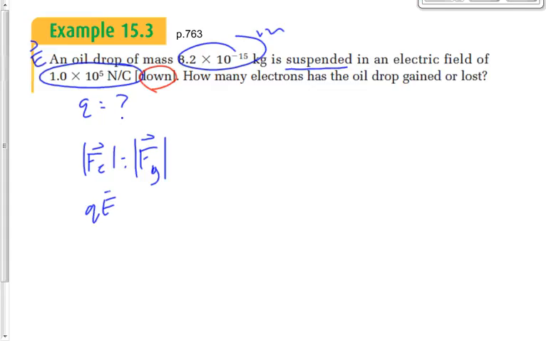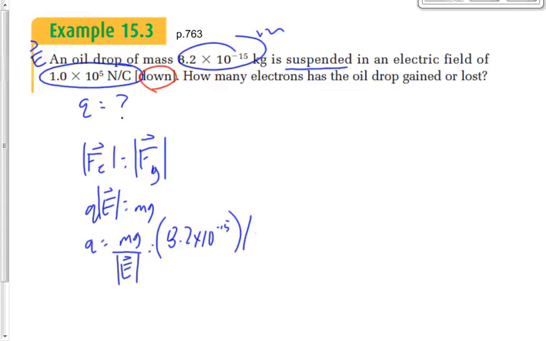QE equals mg. Q equals mg over E. All right, I can find the charge now. We do that, we get 8.0 times 10 to the minus 19 coulombs.